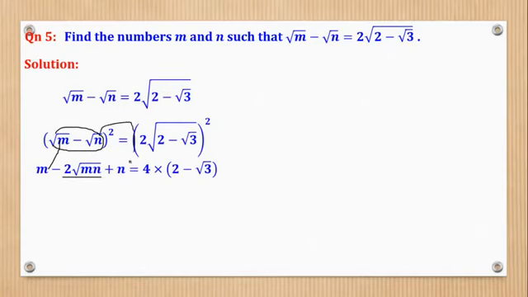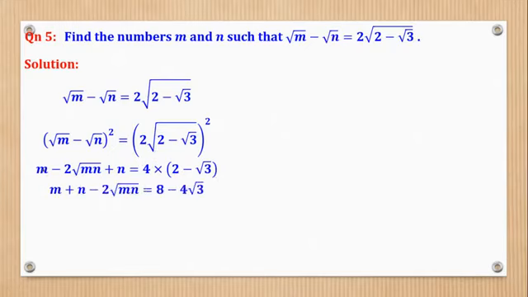Then square this to give you this. What about here? When I square, this is 4, and here the square root goes away. Then here I've just rearranged this and this, then followed by this. And here, open brackets, this gives you 8, and this with this gives you that.